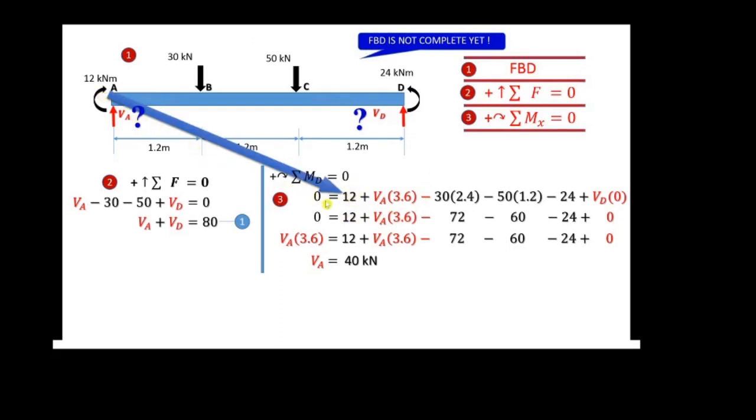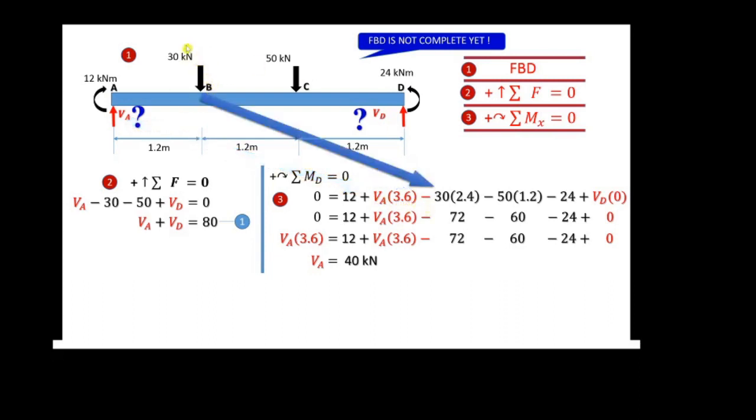Here, I put it as positive. The second one is VA, which is a force. D is the distance. The distance from point D to point A is 3.6. F times D is the formula for the moment. VA multiplied by 3.6.